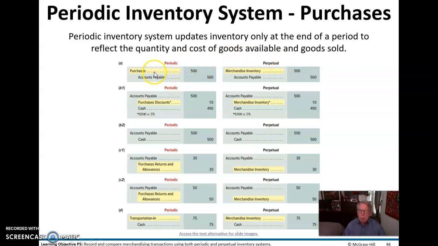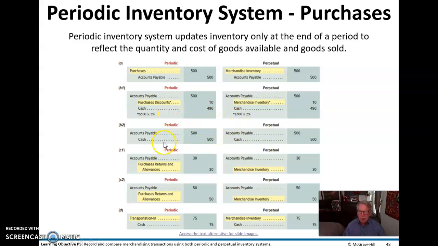So we're just going to show purchases here under periodic inventory and not bring them into merchandise inventory yet. So you won't see a purchases account on a perpetual inventory system. Under the periodic, we're going to show purchases discounts instead of reducing inventory at this point in time, because we don't know what that inventory is going to be yet.